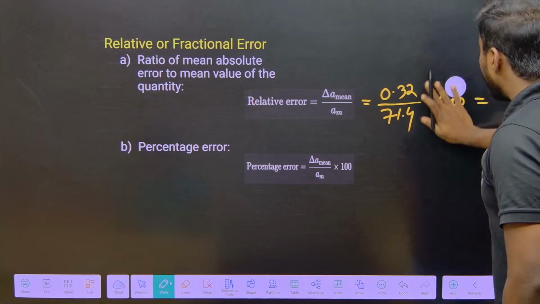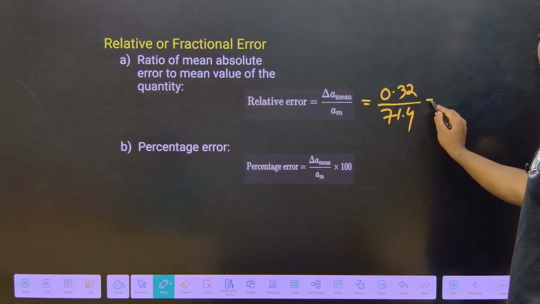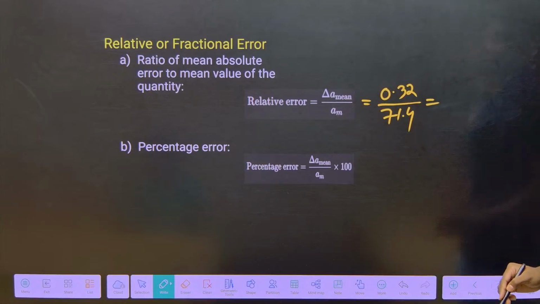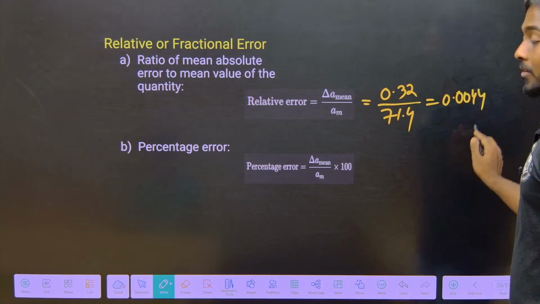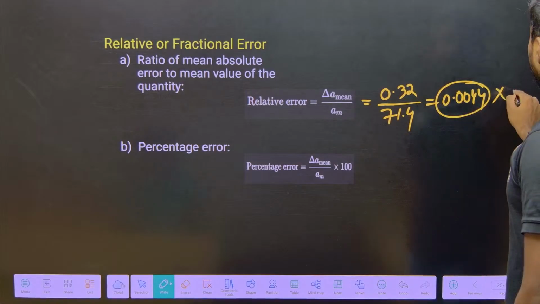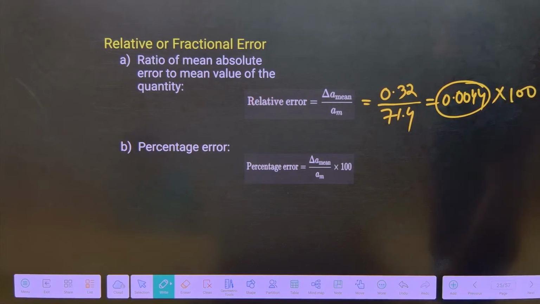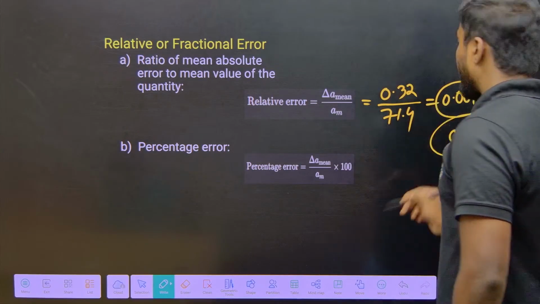If I do only this, I will get the relative error. 0.32 divided by 71.4 is 0.0044. This is my relative error. If I want the percentage, multiply by 100. How much? 0.44 percent is the error.